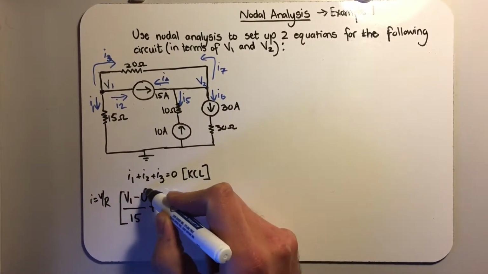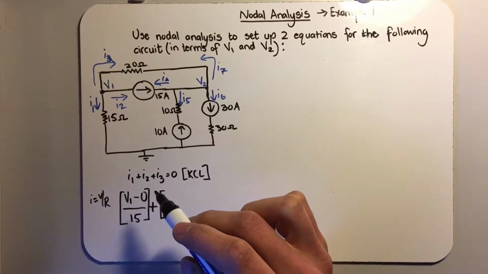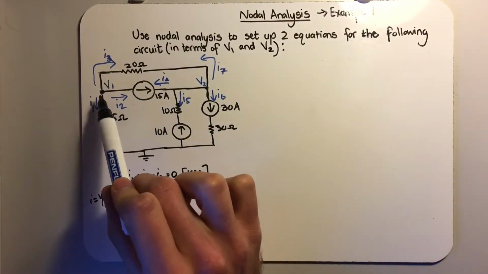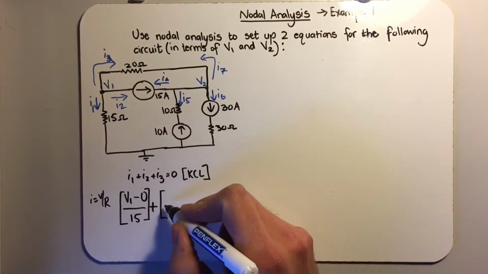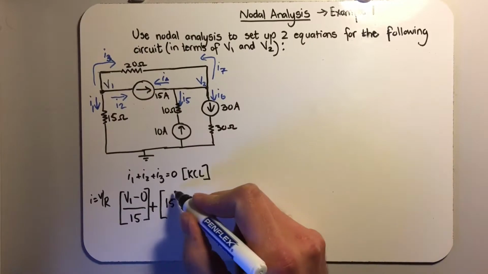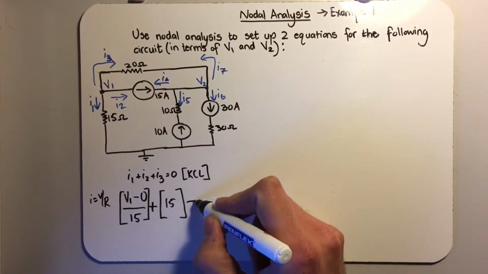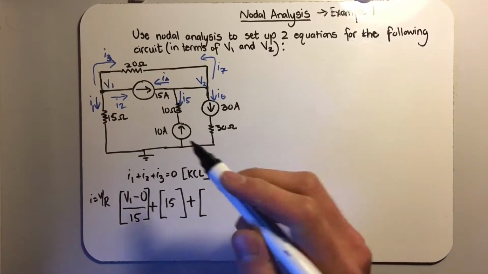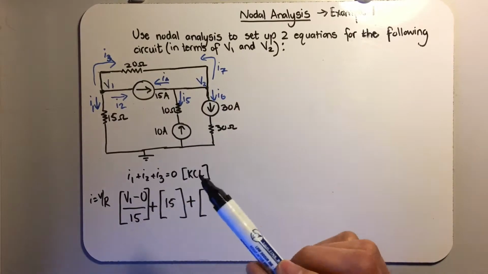That's all for I1. Then for I2, the current out there is 15 amperes and it flows in the same direction as we defined I2. So you can say plus 15. And then for I3, this is the current flowing this way.